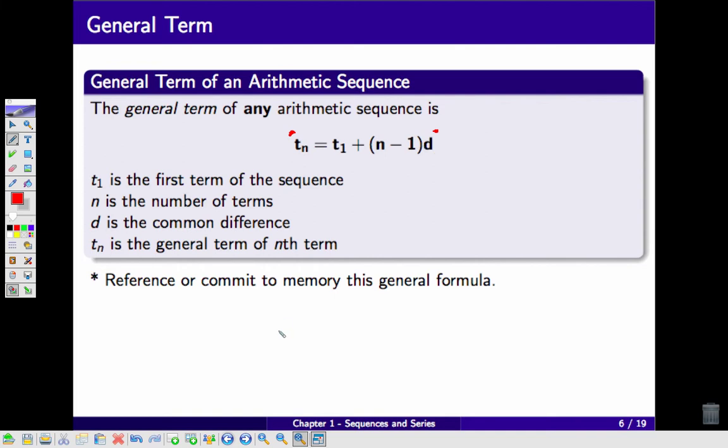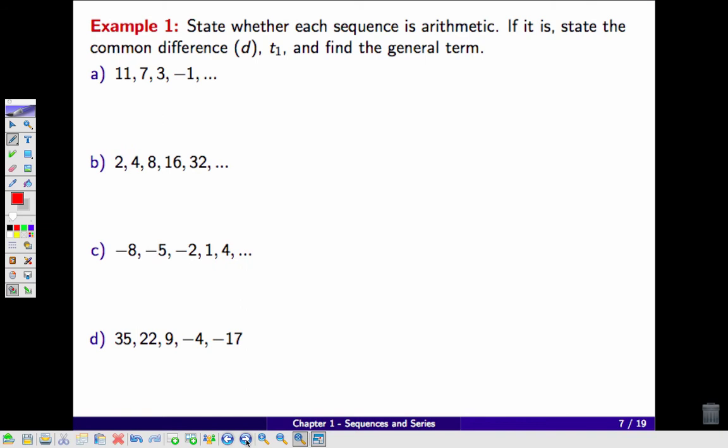So, for instance, if you have the following sequence, let's look at part A. 11, 7, 3, and -1. State whether each sequence is arithmetic. If it is, state the common difference. Find T1, which is the first term, and find the general term, which will be Tn.